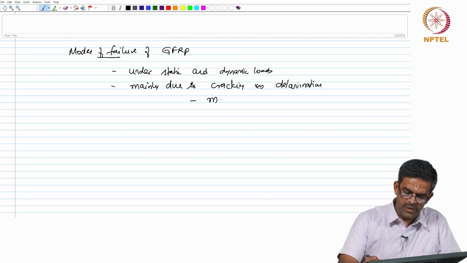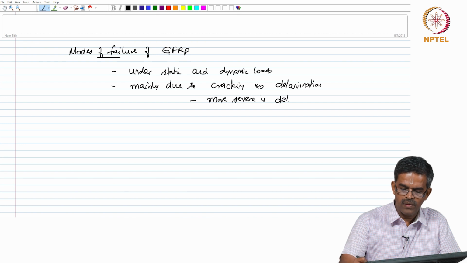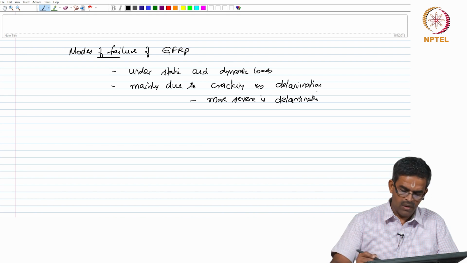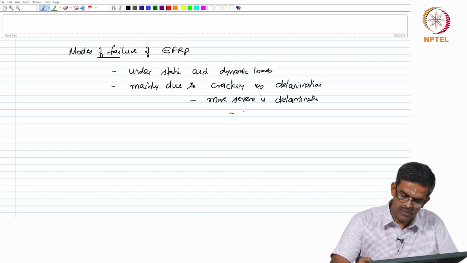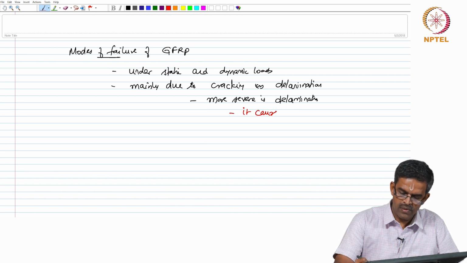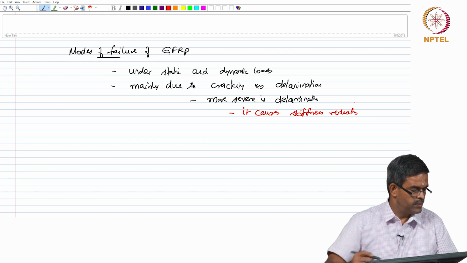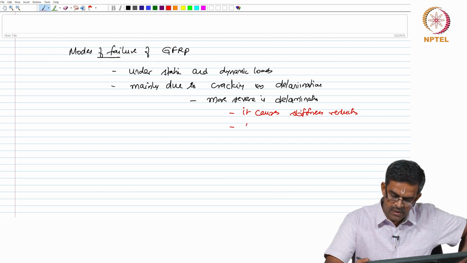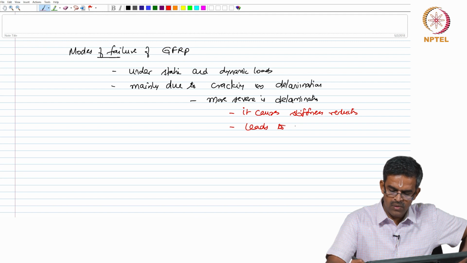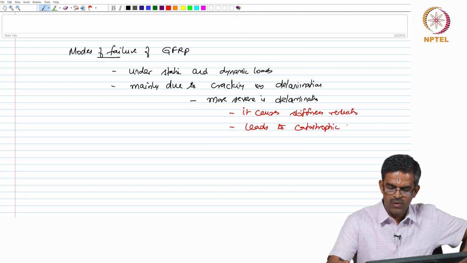Delamination is more severe because it causes stiffness reduction and leads to catastrophic failure of the structure.